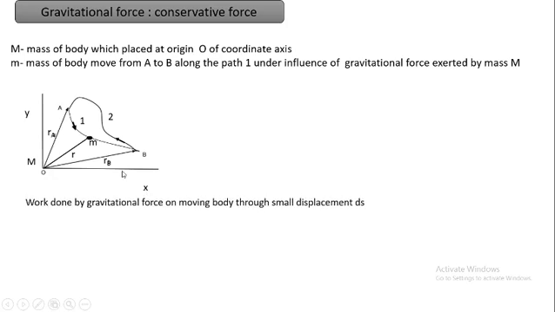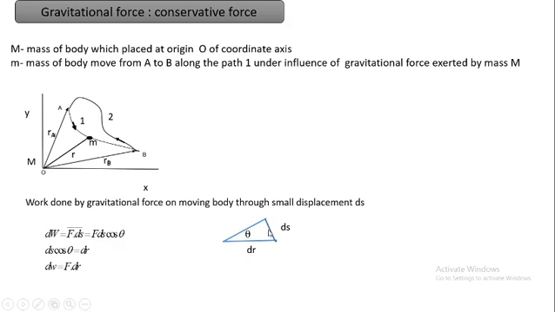So the work done by the gravitational force on moving the body through a small displacement ds is given by the basic equation: work done is equal to force into displacement. This is for a small displacement. So you get F dot ds cos theta. This is a dot product. Suppose this is theta and this is the small dr. You can use cos theta is equal to dr upon ds.